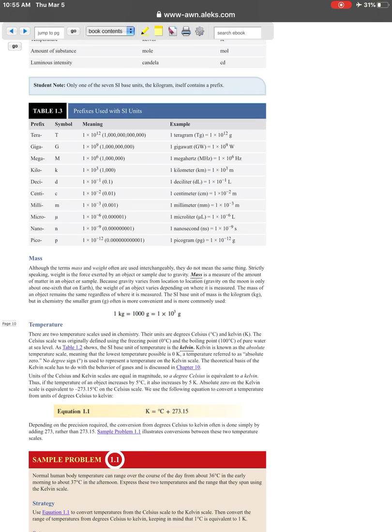Strictly speaking, weight is the force exerted by an object or sample due to gravity. So when something is interacting with another mass through gravity, so for example, you are on the surface of the Earth, so you're interacting with the Earth, masses attract each other, and that attraction causes a force to exist.